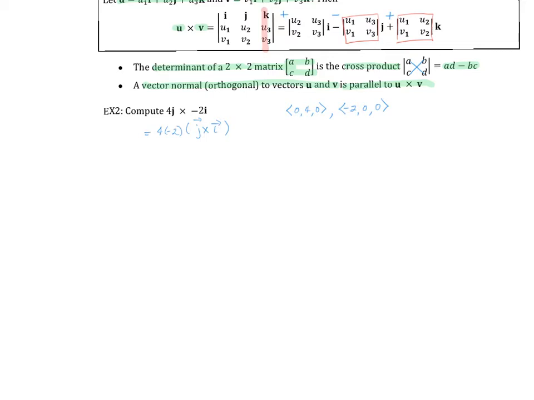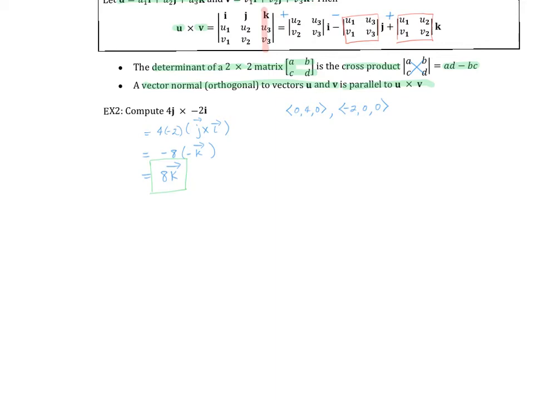I could factor out the scalar to get negative 8, and when I cross, i cross j is positive k, so j cross i must be negative k. So this is simply 8 times the vector k. All right.